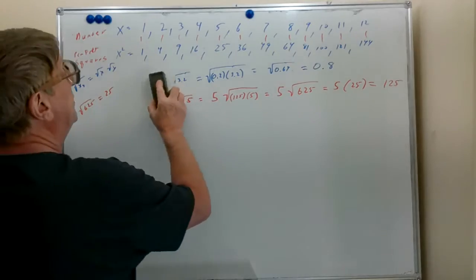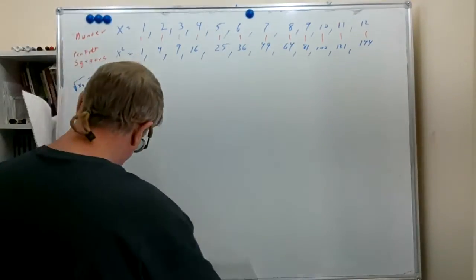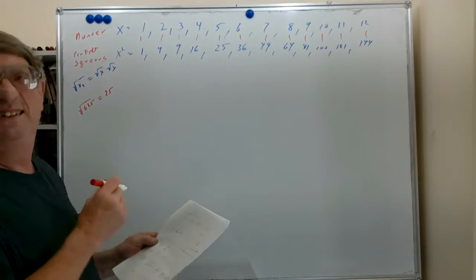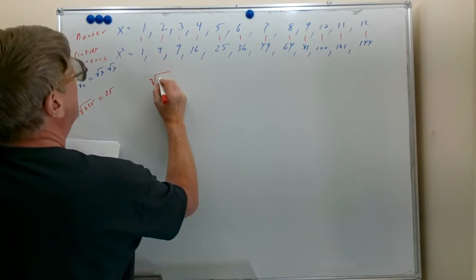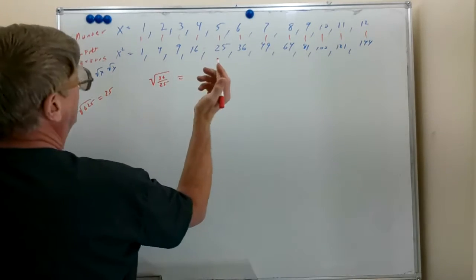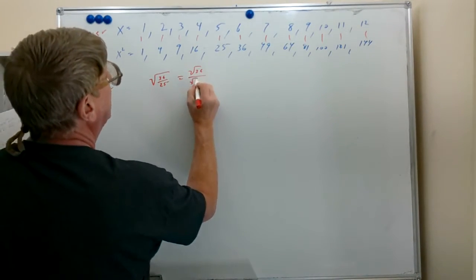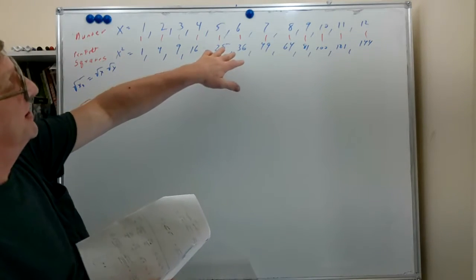Now we're going to do a couple of the ones that have division involved. So we're going to do the square root of 36 over 25. Well, we break that down to the square root of the numerator, square root of 36, over the square root of 25. Now these are both perfect squares that we find up here.